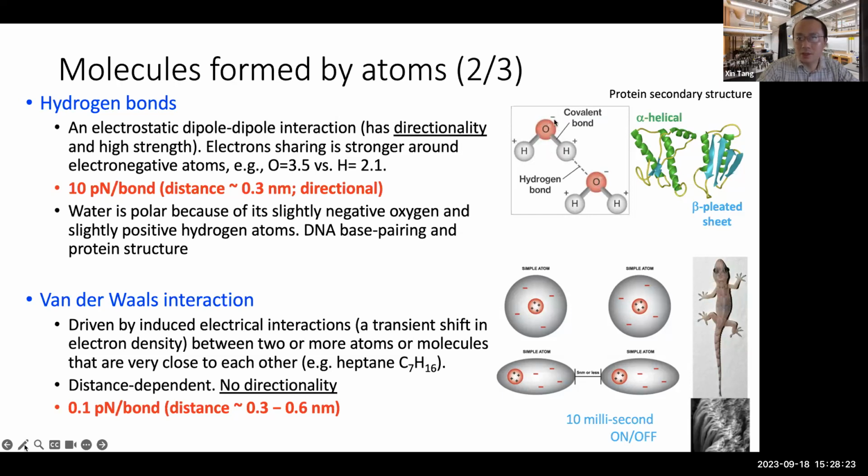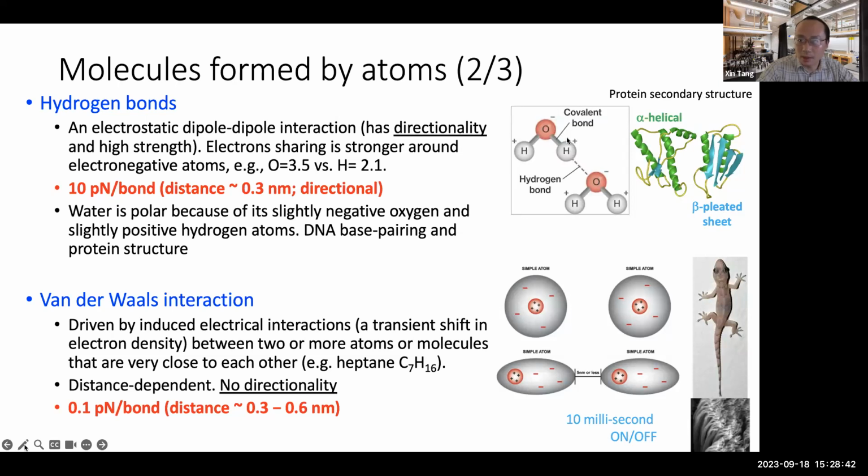Close to the oxygen, they are more negative. Close to the hydrogen, they are more positive, because the electron donated by the hydrogen is closer to the oxygen. Between the oxygen and hydrogen, this is a covalent bond. They actually share two electrons.